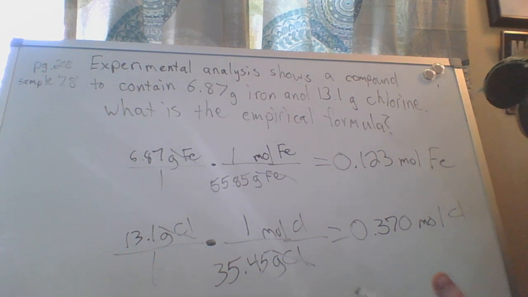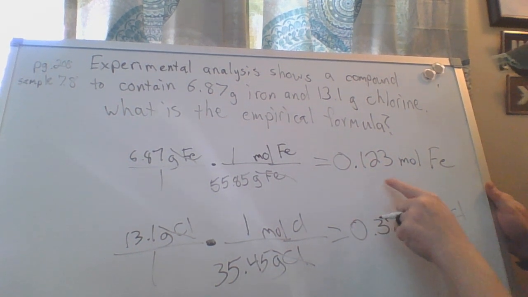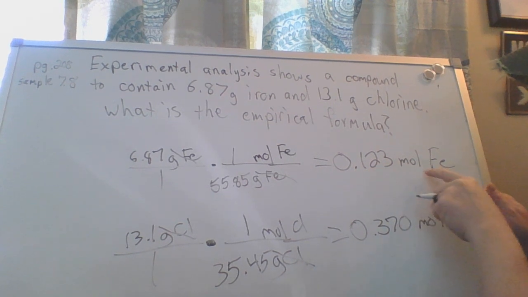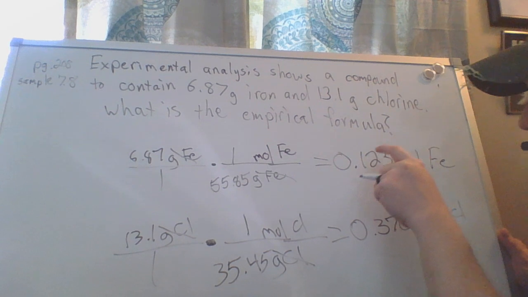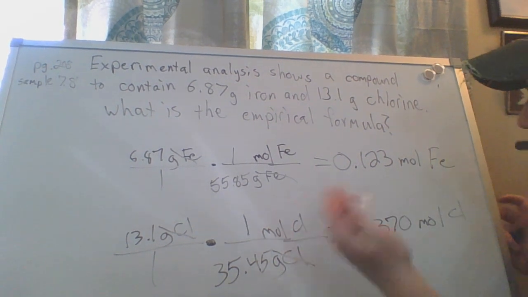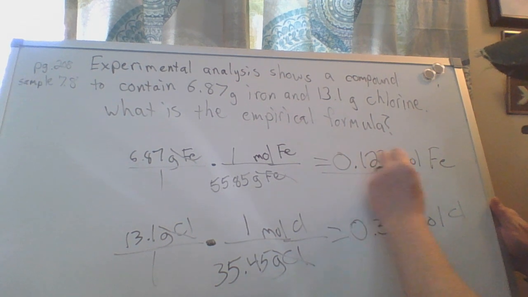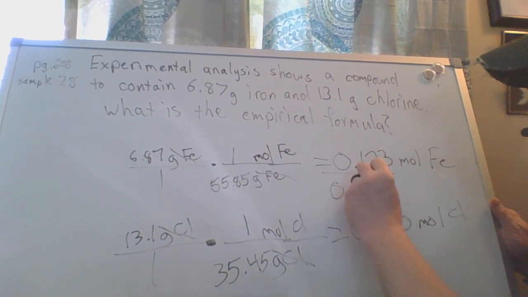We're going to try to get the lowest whole number ratio. Check this out. If I realize that I have 0.123 moles of Fe, which is smaller than this number, I'm going to divide both numbers by the smallest one, the smaller of the 2 in this case. So I'm going to divide by 0.123 moles of Fe.